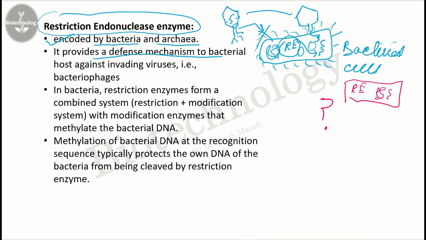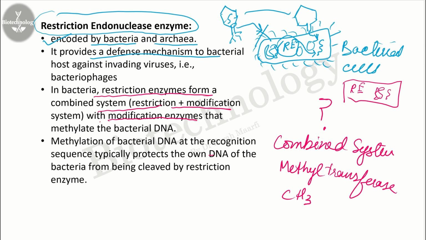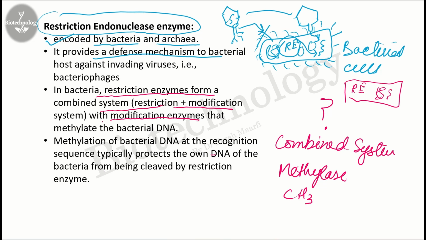So the answer is that in the bacteria, restriction enzymes form a combined system. Combined system of what? Restriction modification system. It combines with the modification enzyme, that is methyltransferase. There it methylates the bacterial DNA.